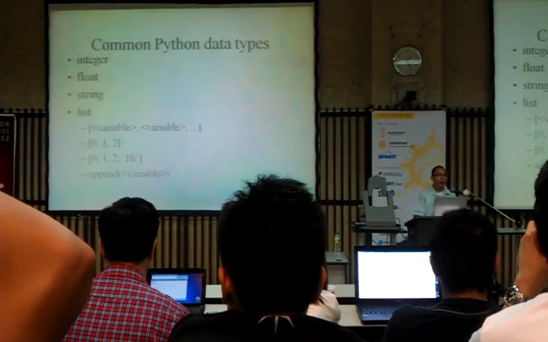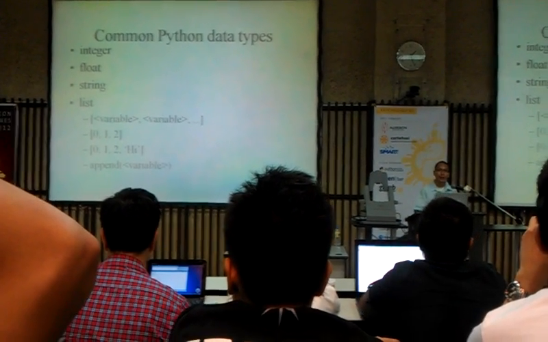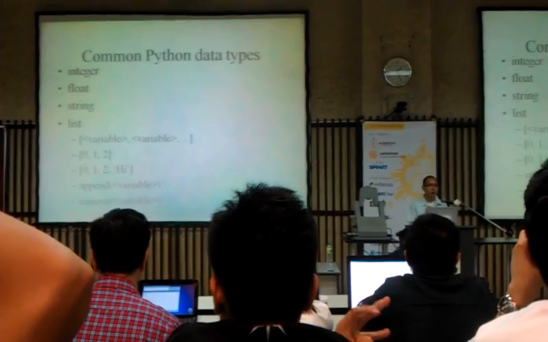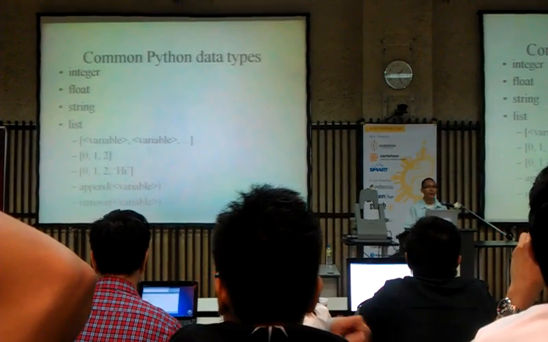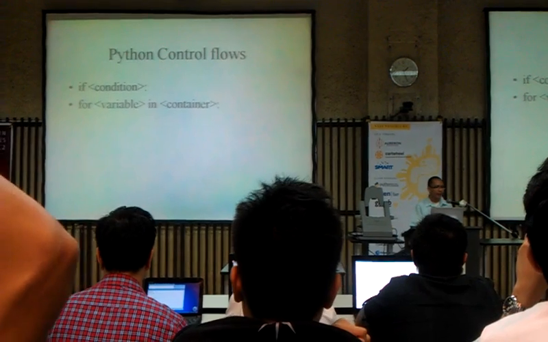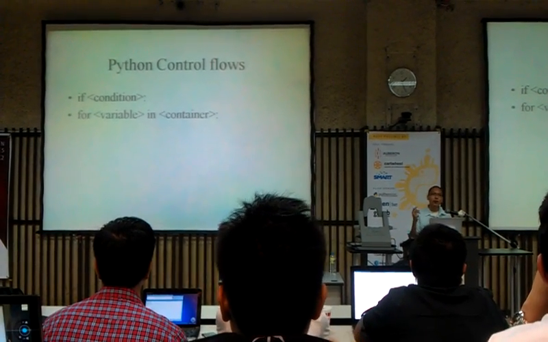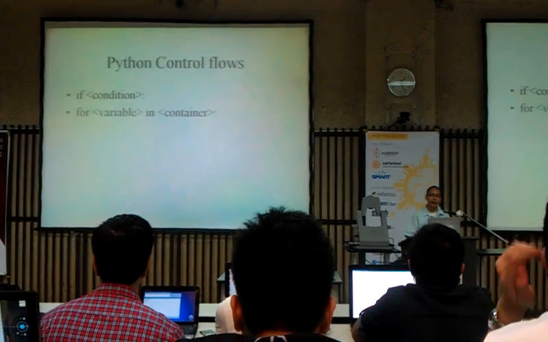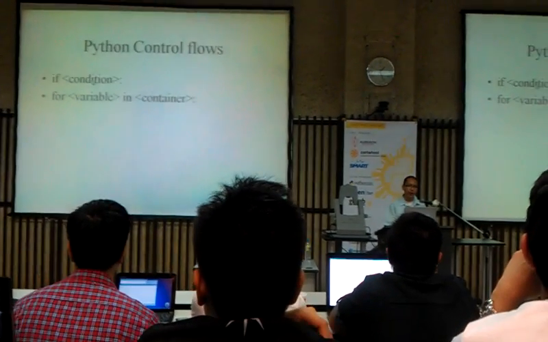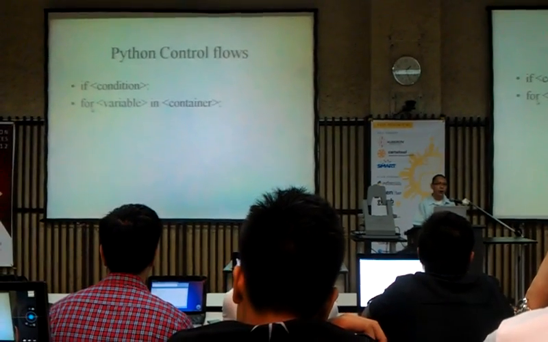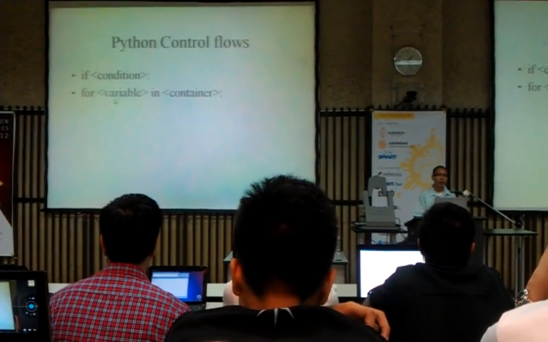We use append to add new data to a list, and remove to remove data from a list. To control Python flow, we use the if statement, which is if condition. To iterate, we use the for loop: for variable in container.